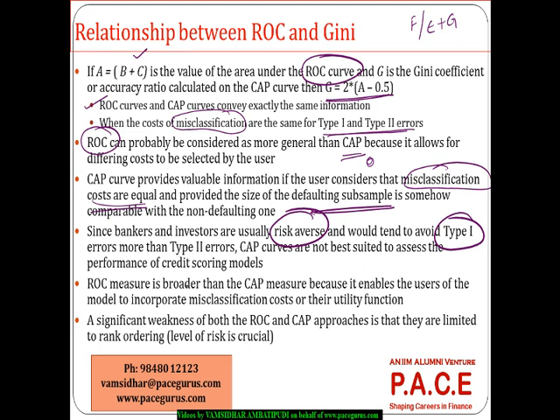And ROC is much broader because, as I have already said, it helps us to customize the misclassification costs, and it does not assume both have the same cost. But both of them are ranking based, and when we talk about typical credit risk models, we are not just concerned about the relative order. I also need the actual probability of default. Even the level of risk is very much crucial. So these two methods have some limitation from that perspective.